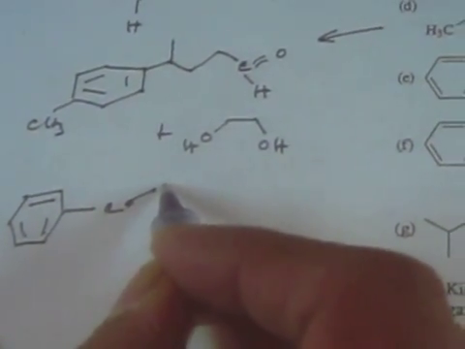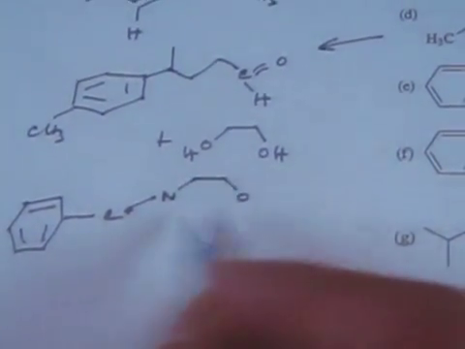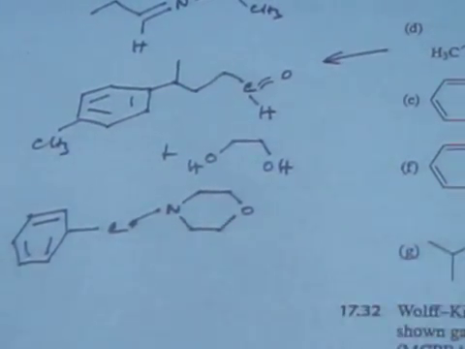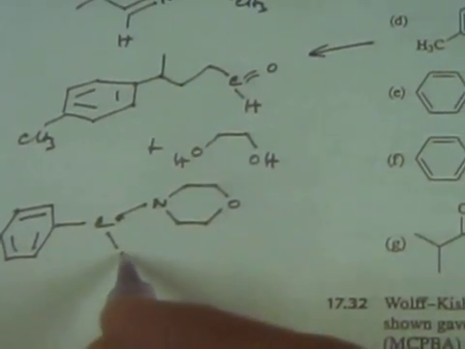You form the N, then you write the rest of the molecule, and you have a methyl group.